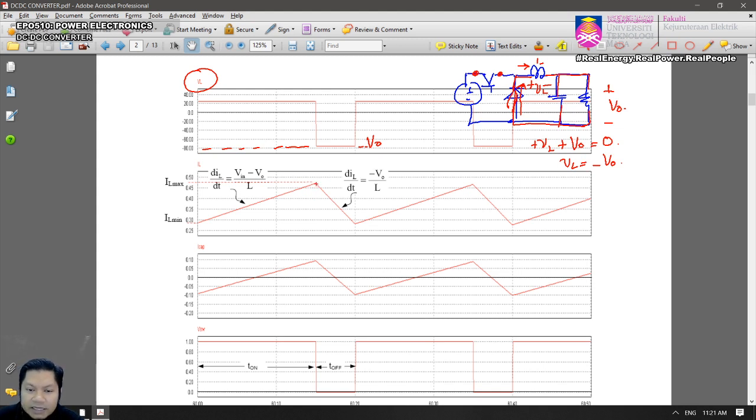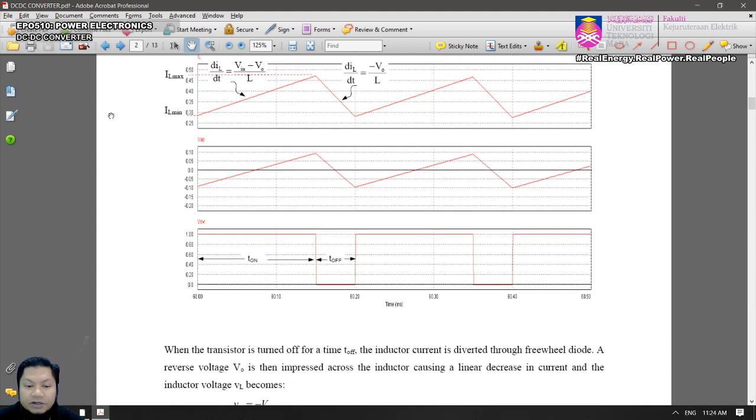So instead of rise, because of negative voltage, now the current reduces or falls from IL max to IL min. Okay, from IL max to IL min, right, during turn off. This is your off. Okay, so that is the circuit operation, and we look into the derivation of the equation.